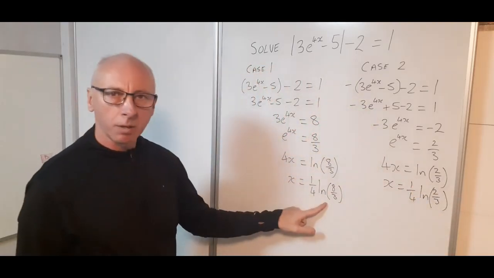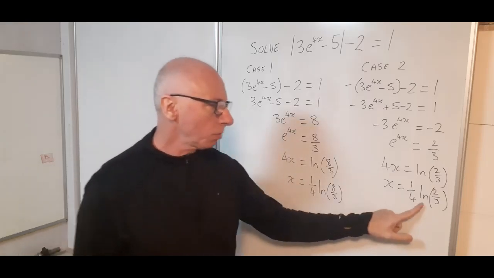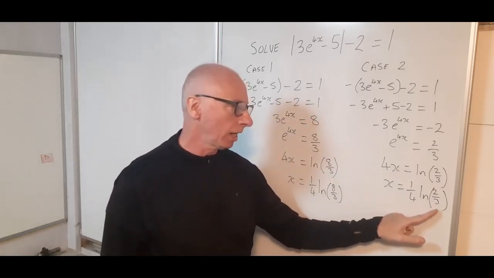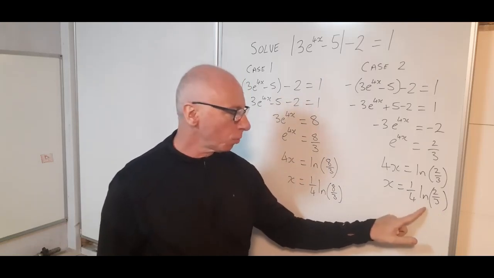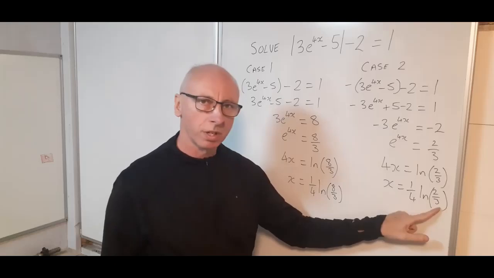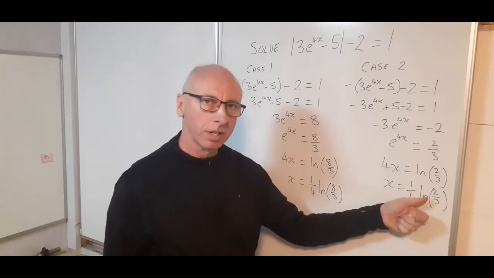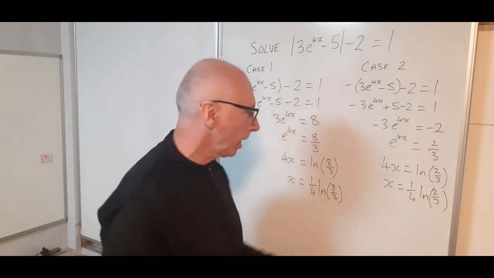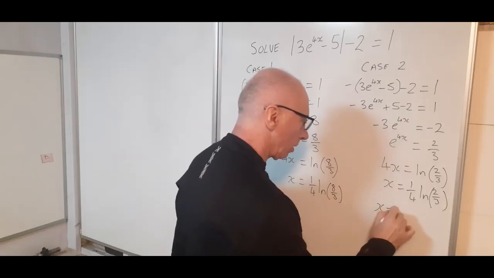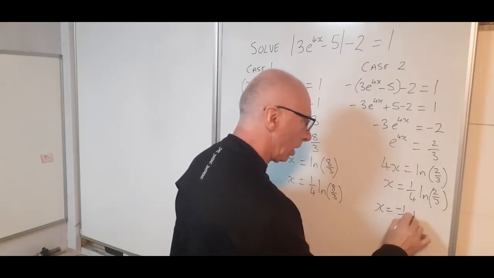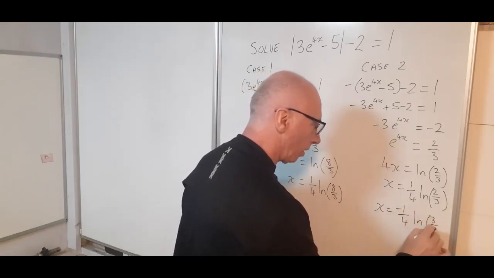Now this one here will be a positive number. This one here will actually be a negative number, even though it doesn't look like it. Because what I can do now, 2/3, I can turn that upside down and take the exponential of it and bring a minus sign out to the front. So x equals minus 1 over 4 natural log of 3 over 2.